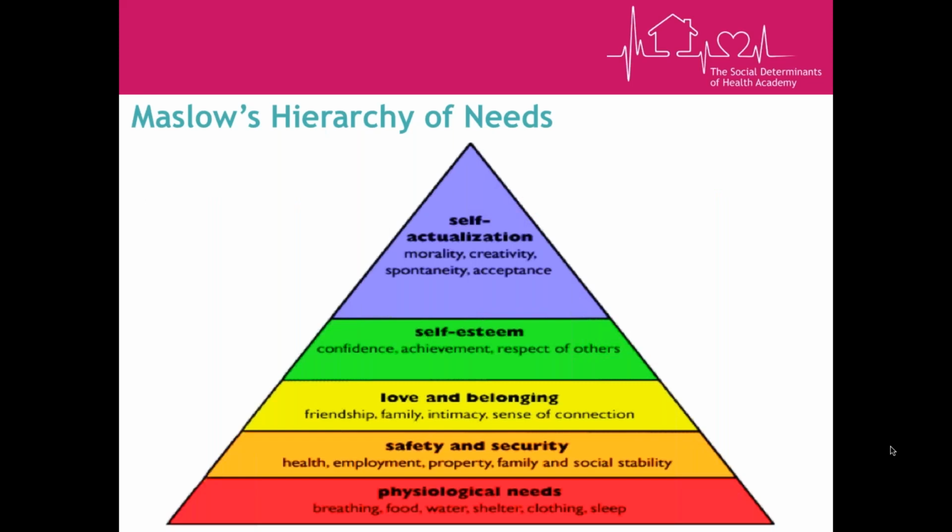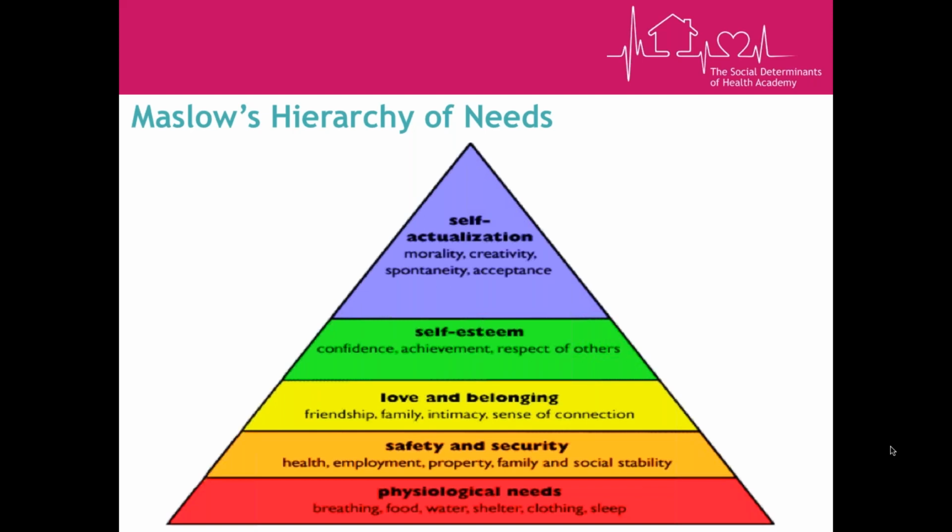As we started putting our slides together and identifying our presenters, I thought about how we work very closely with the Corporation for Supportive Housing, CSH, and how focusing on housing as well as food security brought me back to basic psychology that we had in high school. I thought about Maslow's hierarchy of needs and how the physiological needs of air, food, water, shelter, clothing, and sleep are those basic needs.